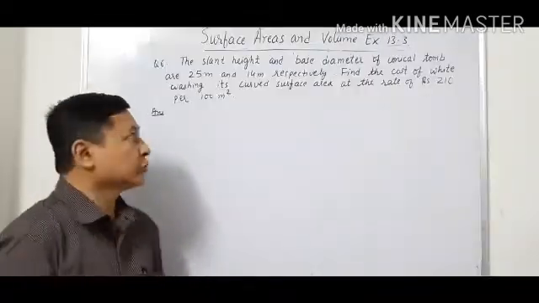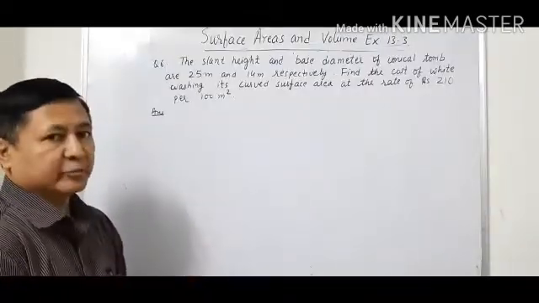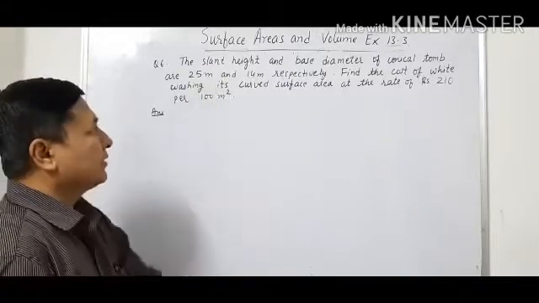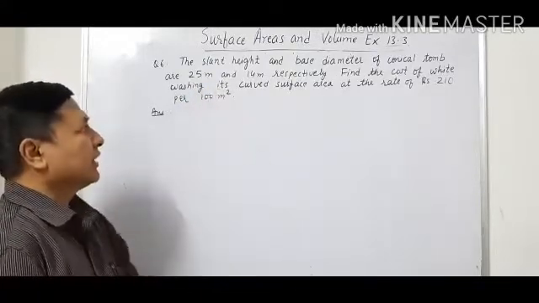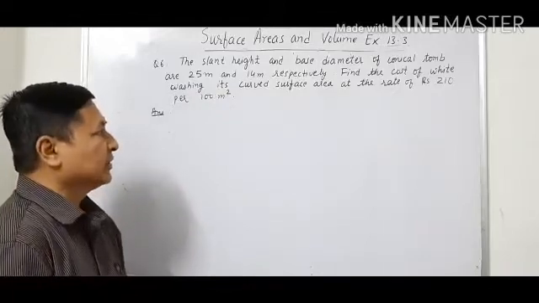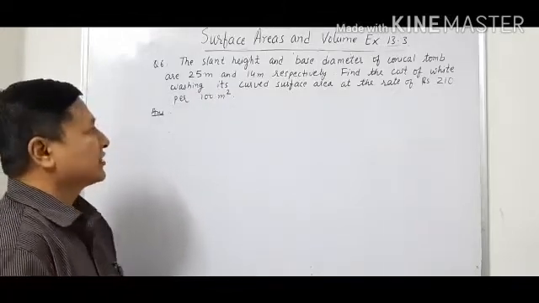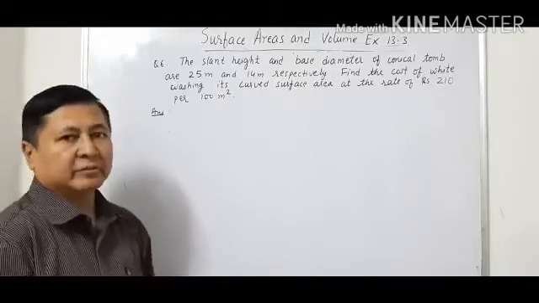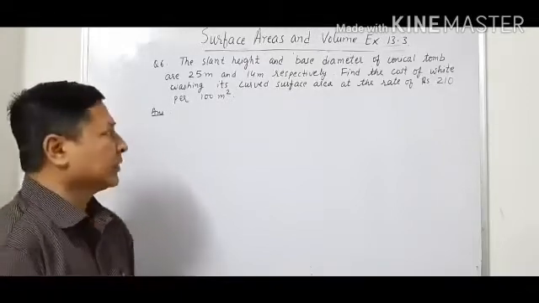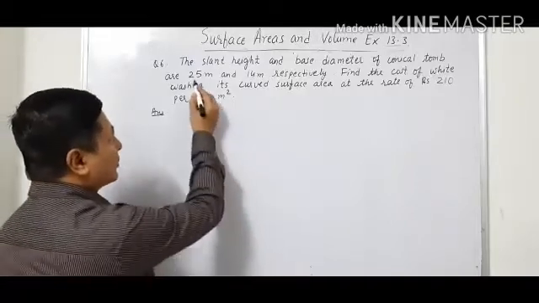Now let us solve question number 6 of exercise 13.3. The slant height and base diameter of a conical tent are 25 meter and 40 meter respectively. Find the cost of whitewashing its curved surface area at the rate of rupees 210 per 100 meter square. Now let us see what is given in the question.